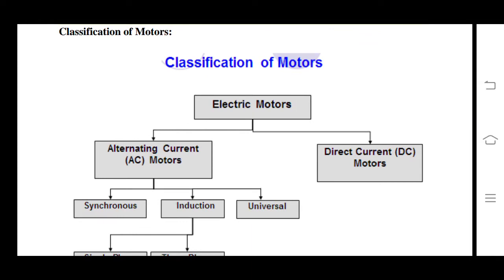If the input supply of the machine is AC, then it is an AC motor. If it is a DC supply, then it is a DC motor. If the output generated by the generator is AC, then it is an AC generator. If DC power is generated, then it is a DC generator.